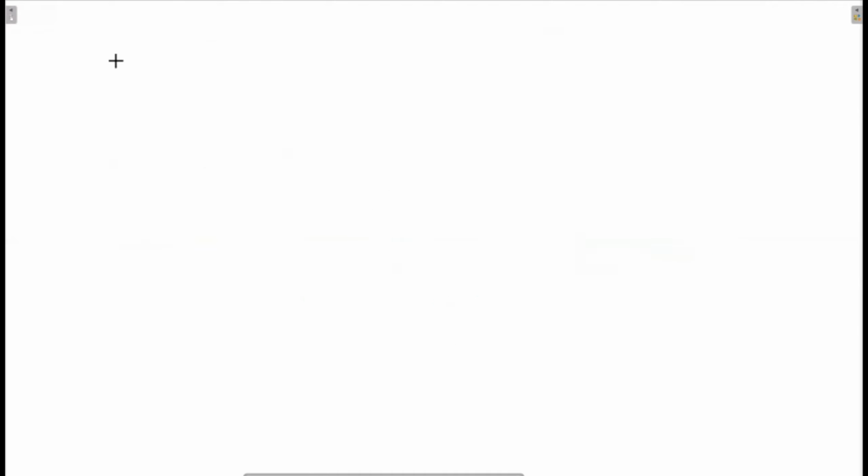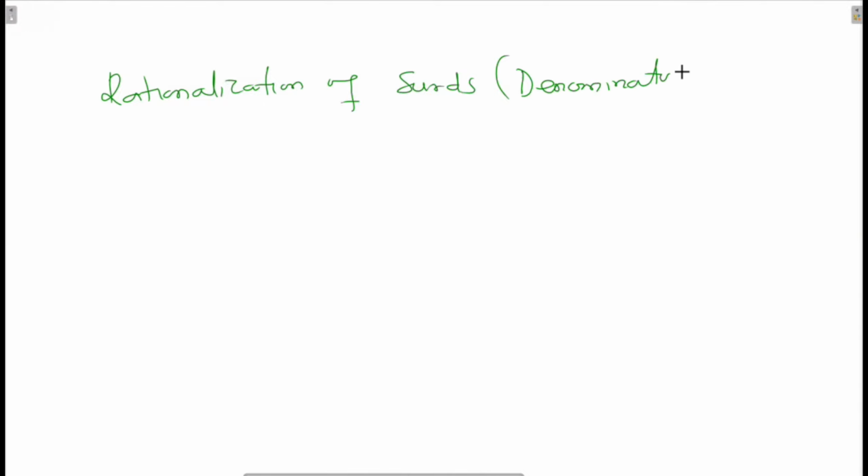Now, the next one I would like us to do is what we call rationalization of surd. Sometimes we call this rationalization of denominators. Now, what do you mean by rationalization of surd, or we say denominator?